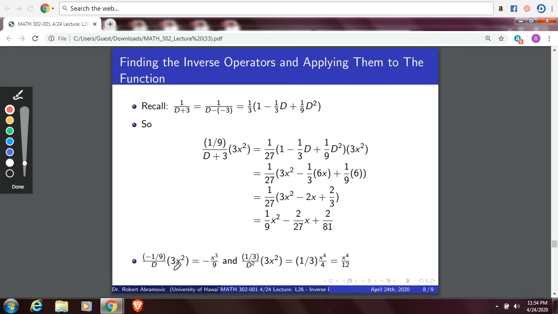The antiderivative of 3x squared is x cubed. We're left with negative x cubed over 9. Applying the antiderivative twice gives x to the 4th over 4, so it's 1/3 times x to the 4th over 4. That's x to the 4th over 12.